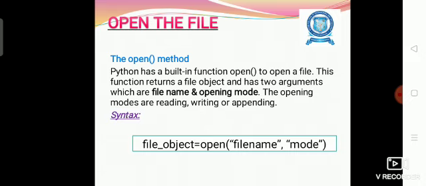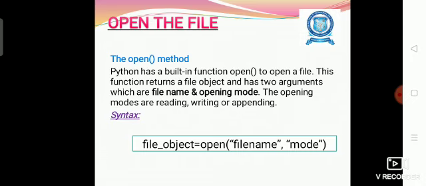On the right hand side we are opening the file with the open method, and we are assigning the return value to the left hand side file object. The left hand side file object is the object we are creating for this particular file. Simply we can say we are creating a variable.